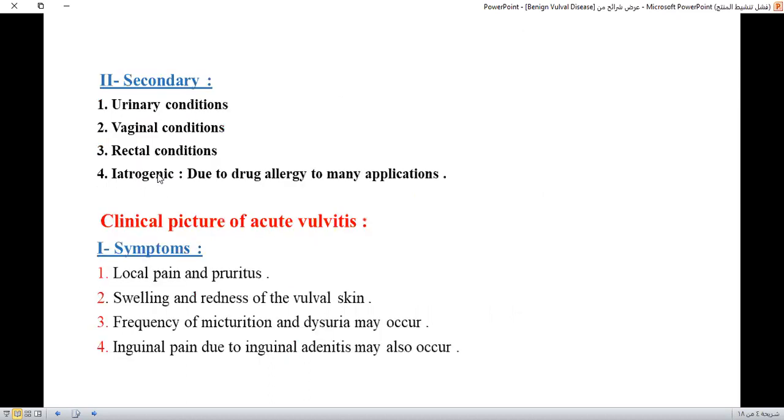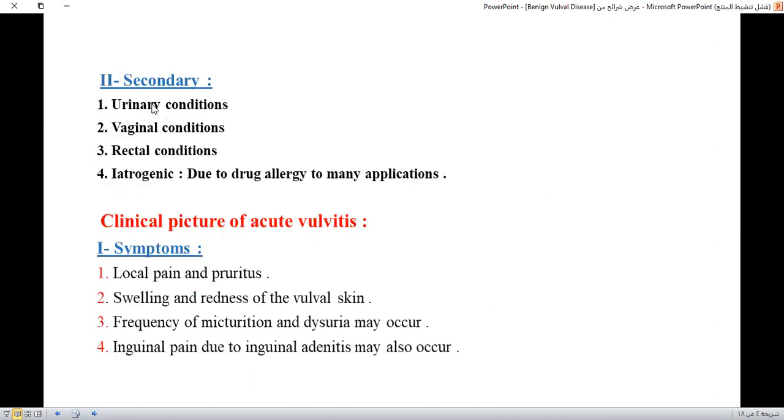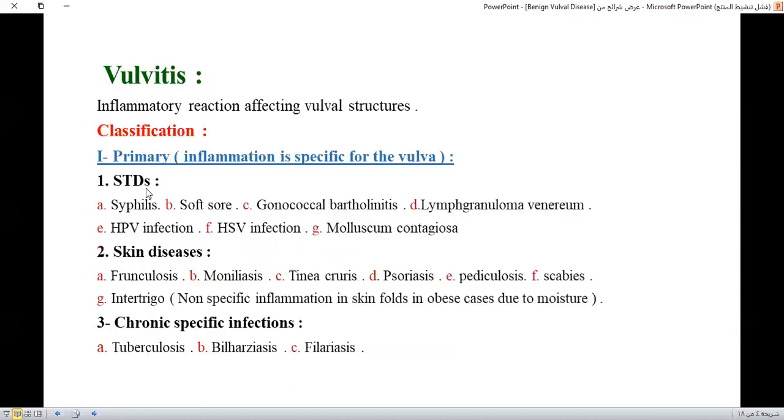Primary is specific for the vulva, while secondary causes are urinary, vaginal, rectal, and iatrogenic, maybe allergic. The primary inflammation is specific for the vulva, like sexually transmitted disease, skin disease, and chronic specific infections.